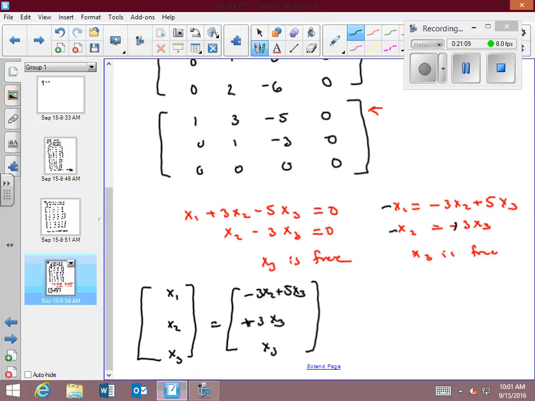Now, when I'm going to write this, I'm going to write these as vectors.